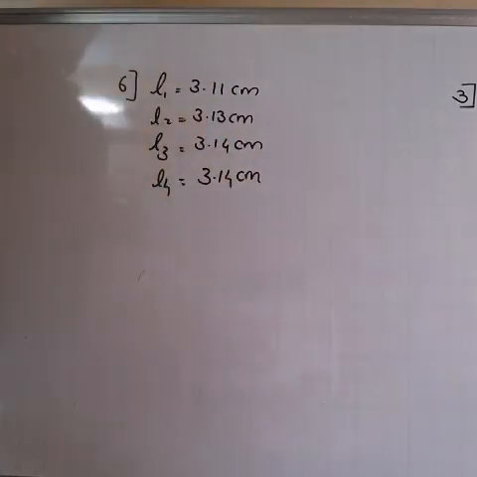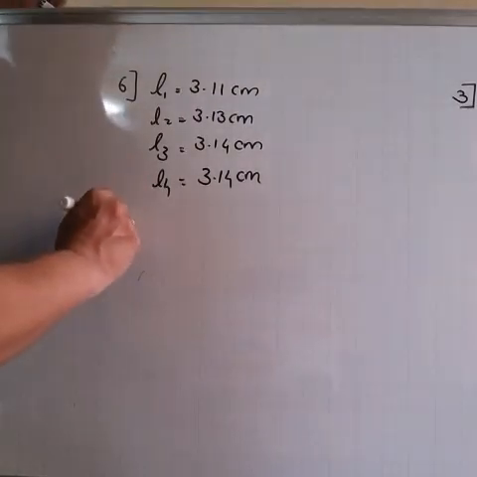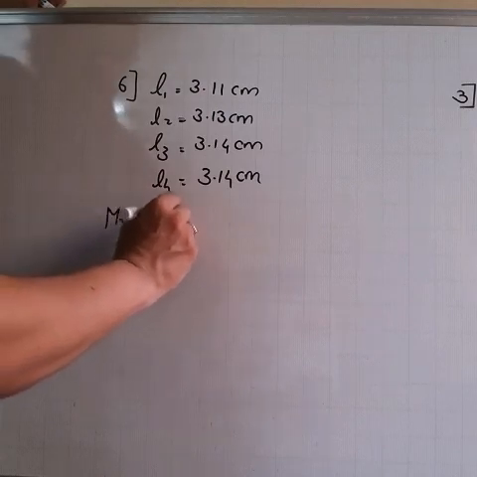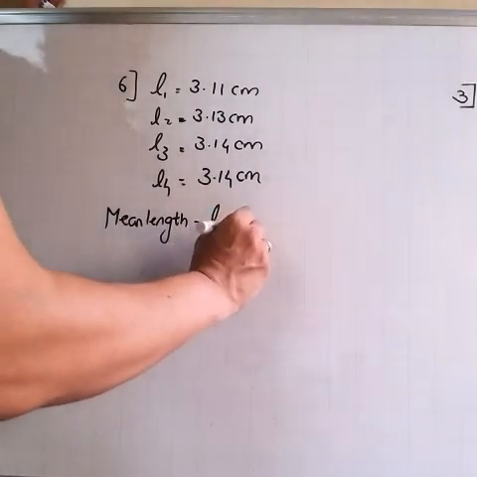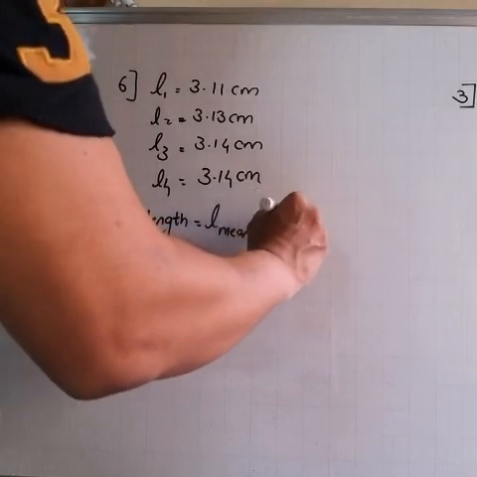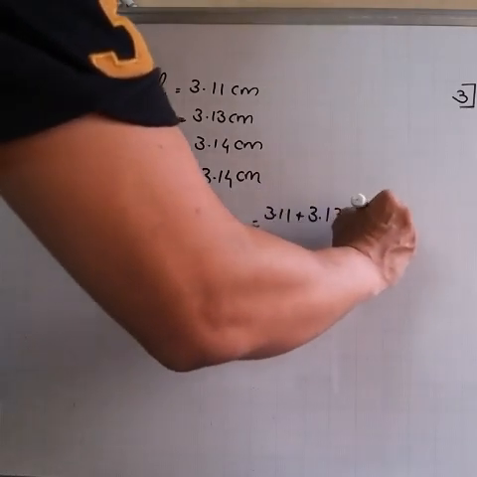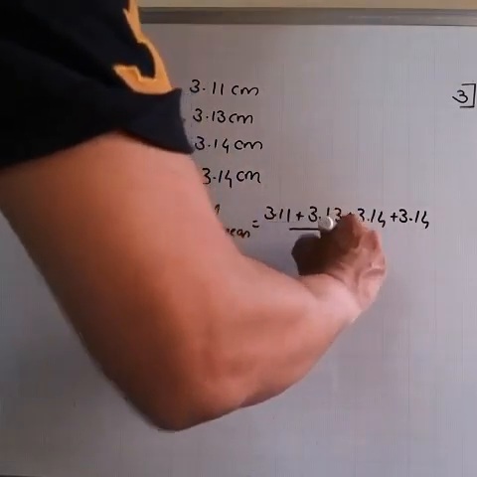Now first of all, I'll find the mean length. How do you find mean length? Simple, take the average of it. L mean will be the addition of all these: 3.11 plus 3.13 plus 3.14 plus 3.14, the whole divided by 4.